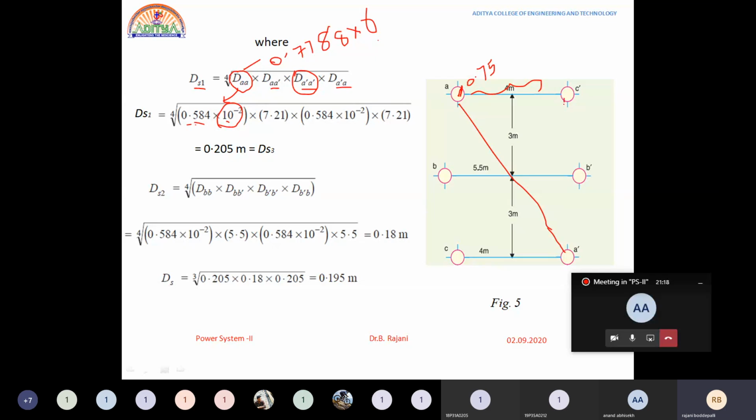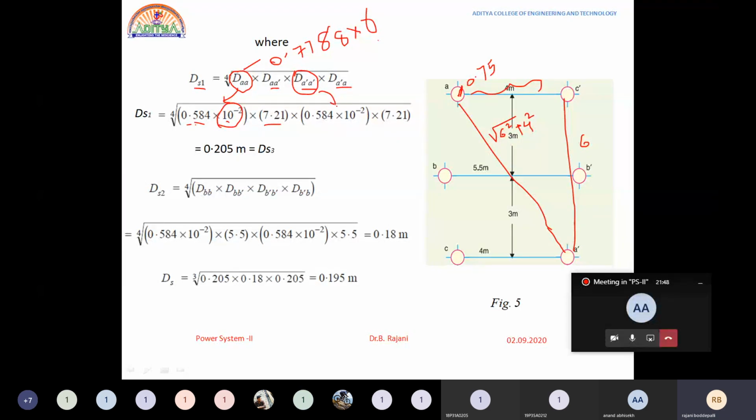The length from here to here is 6 meters. How could you find the distance from A to A dash? From the Pythagoras theorem, root over 6 square plus 4 square. What does the value under the root give you? 7.21.